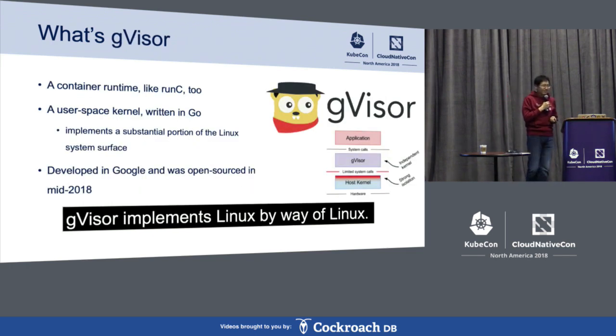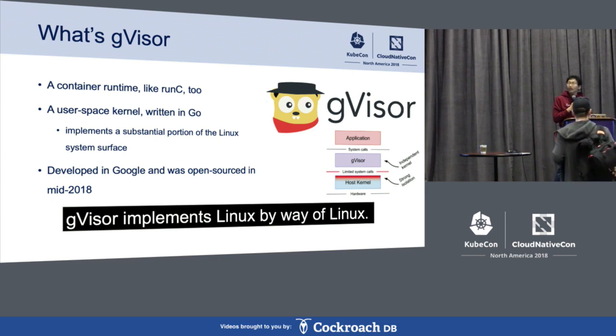And gVisor is like runc too, and also another thing for isolation. It's actually a user space kernel, developed at Google for years and open sourced about 6 months ago, at the previous KubeCon in Copenhagen.